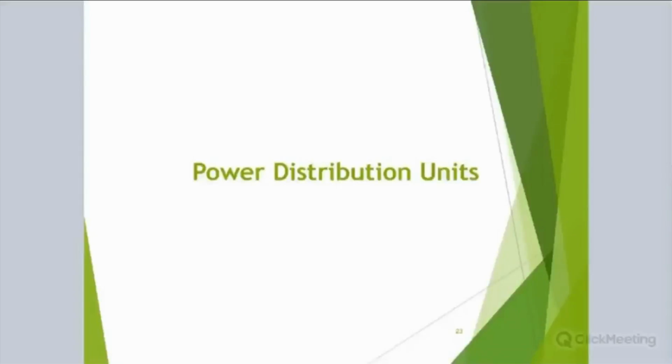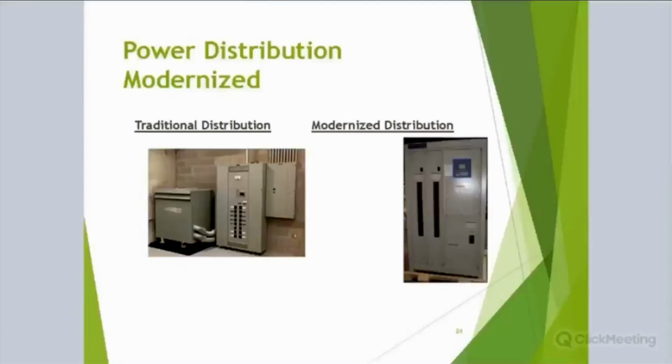Real quick, power distribution units is primarily, for lack of better terms, a transformer and the panel boards that the transformer feeds, all in one box. I only wanted to touch on this in that typically you would have a transformer that feeds a panel board, or in this case, a distribution board on the left, and it takes up room in the electric room or the space it's located.